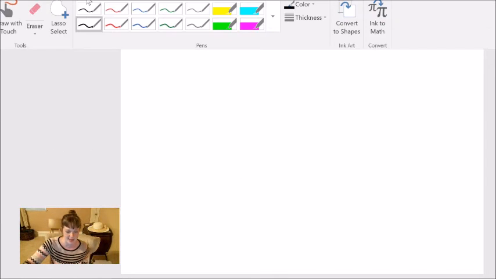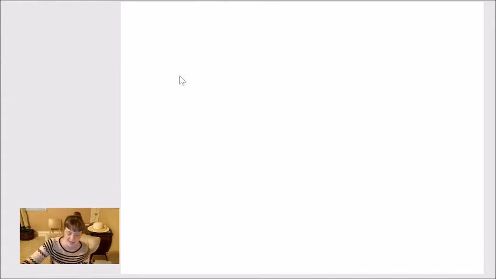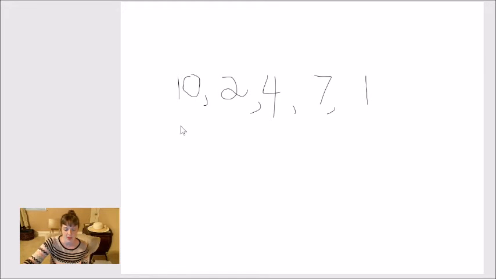All right, so let's do a data set. Let's say this is what's your mood today on a scale of 1 to 10? First person says 10, next person says 2, next person says 4, next person says 7, next person says 1, right? Now, if I want to figure out the median, the very first thing I have to do is put these people in order.